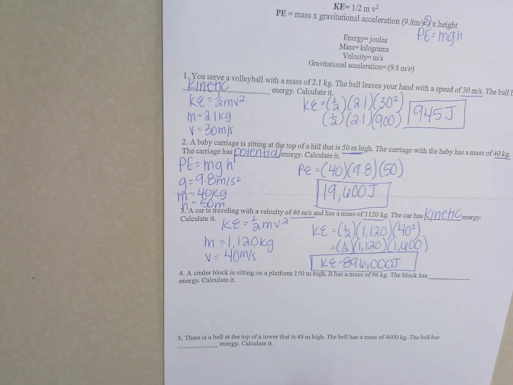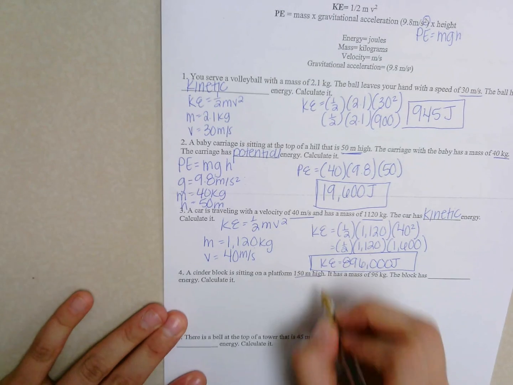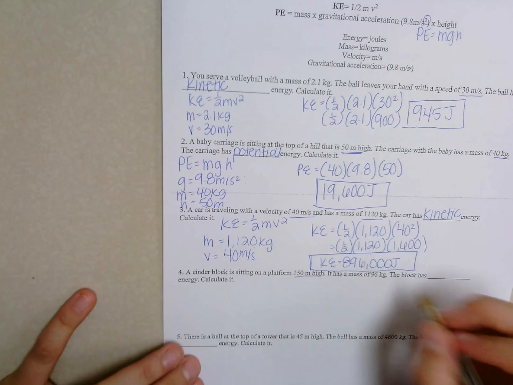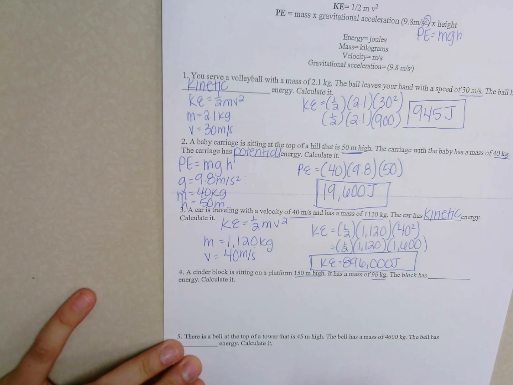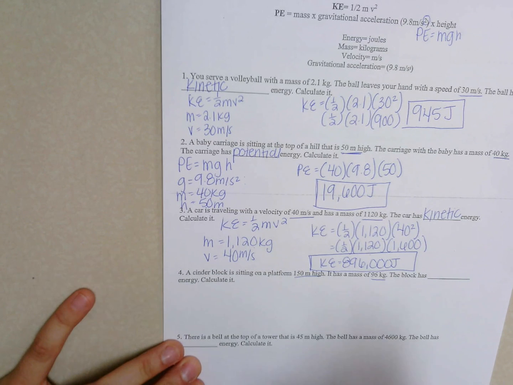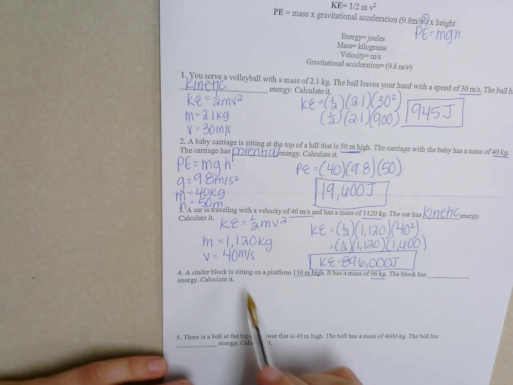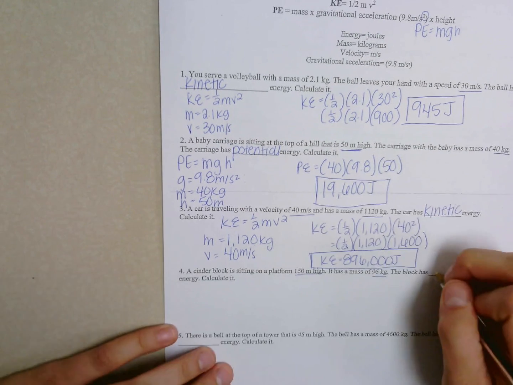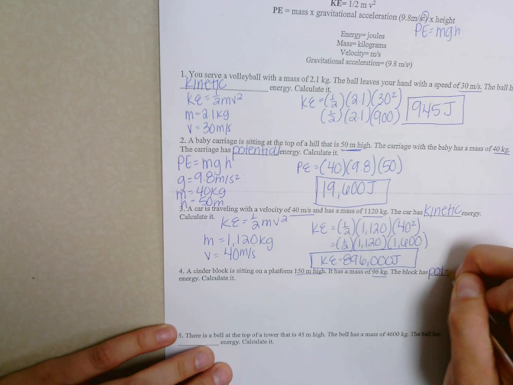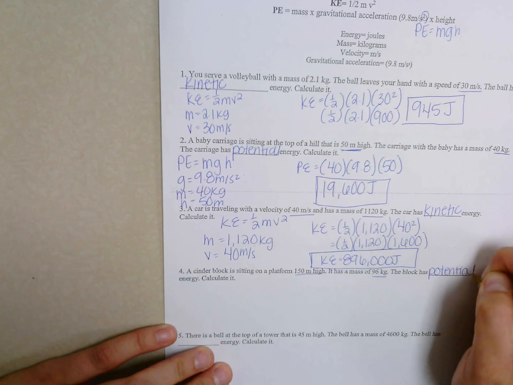For number 4, a cinder block is sitting on a platform 150 meters high. It has a mass of 96 kilograms. Okay, if we're talking about height, that's usually a telltale sign that we are talking about potential energy. But also it says sitting, so it's at rest. So it is indeed potential energy.